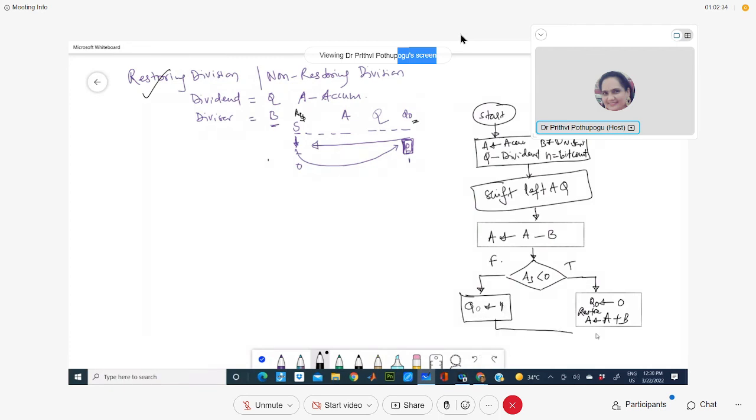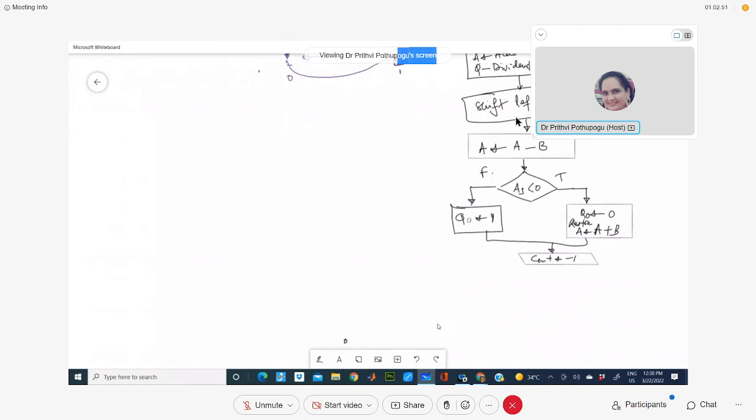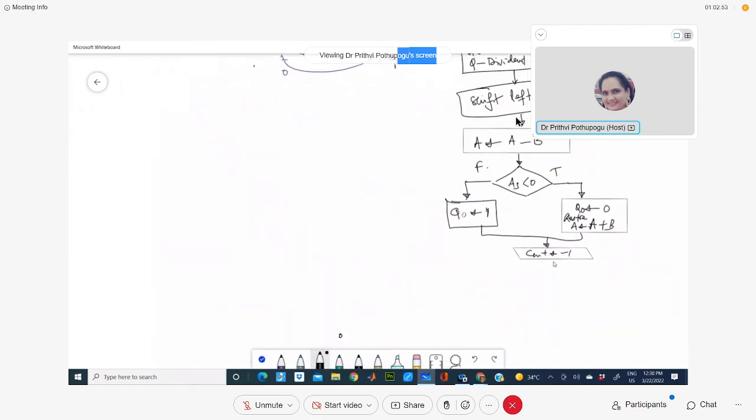Next, after performing this, you need to decrement the counter. Minus 1 you do. Then you check whether the count is complete or not. Complete in the sense that however many bits you are taking, that many counts are done.